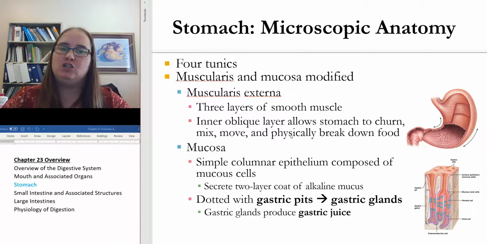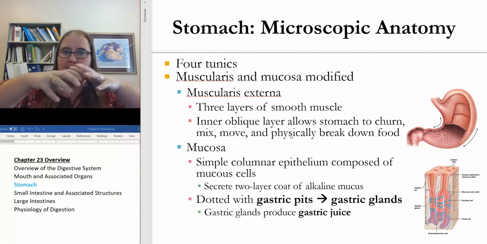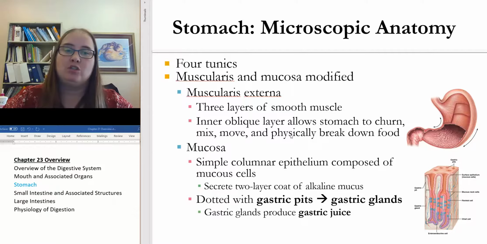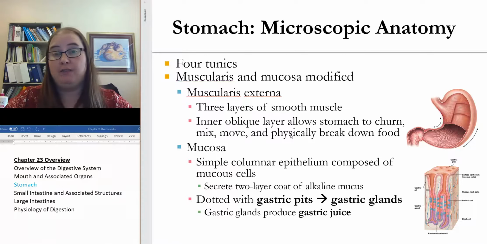However, the addition of this oblique layer allows you to have a turning motion that occurs. So this oblique layer increases your ability to carry out that mechanical digestion that we talked about in the last video. So you get this turning, mixing, and moving and physical breakdown of food by the addition of that 3rd muscular layer, that oblique layer.